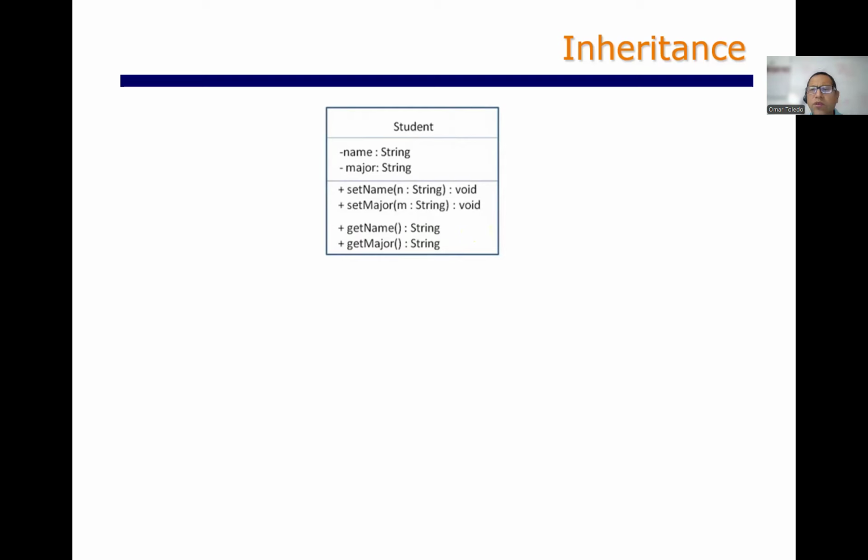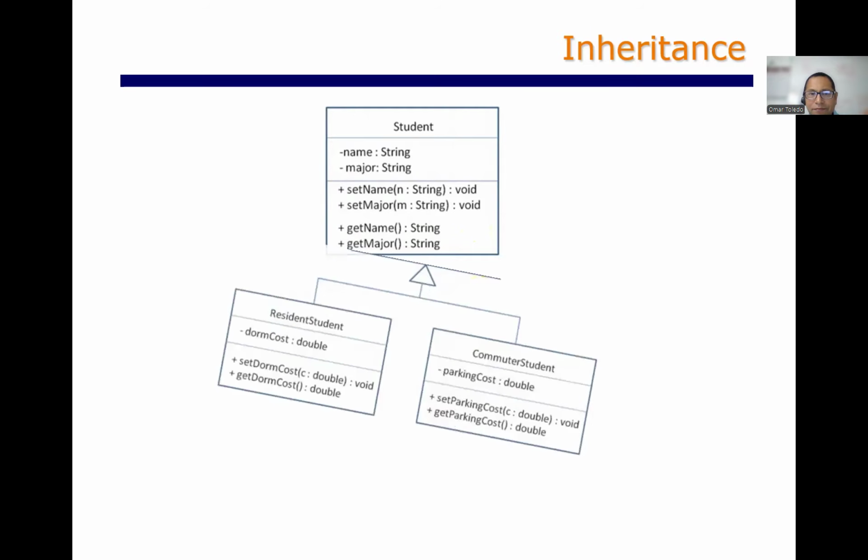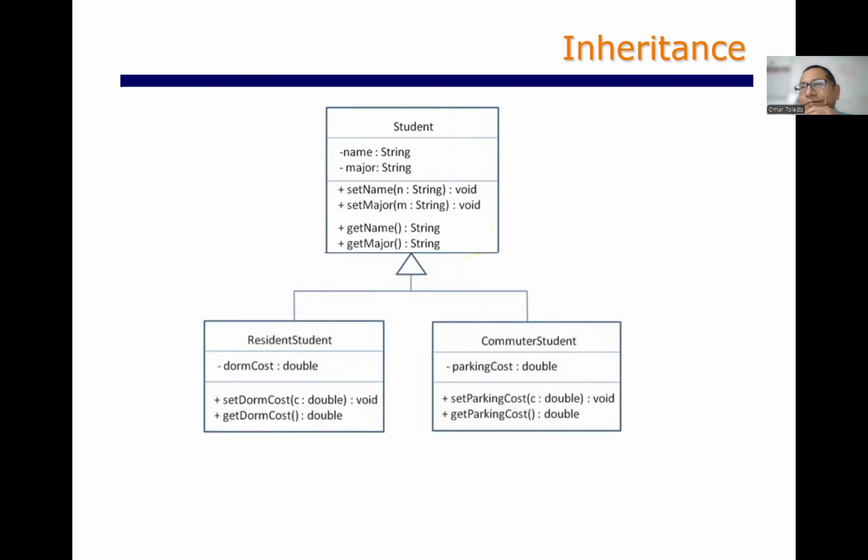And what about the other attributes that are specific for the classes? What about this? We're going to have a subclass resident student and another subclass commuter student. In the resident student class, we're going to have only the specific attribute, it's only for resident student, dorm cost.